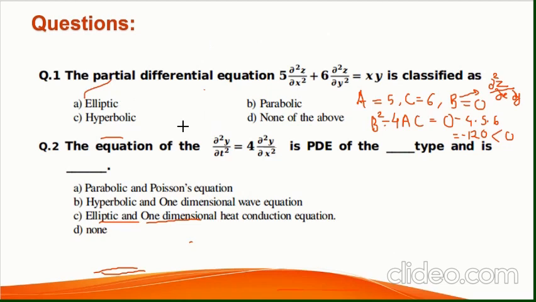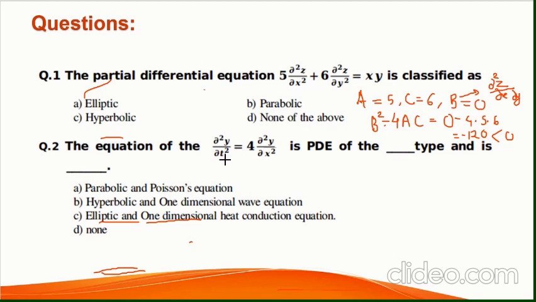Next we have this example, where the question is: the equation ∂²y/∂t² = 4 ∂²y/∂x² is a PDE of blank type and is of blank.